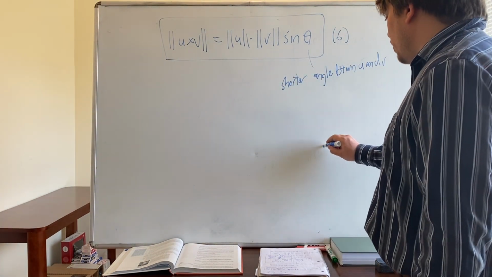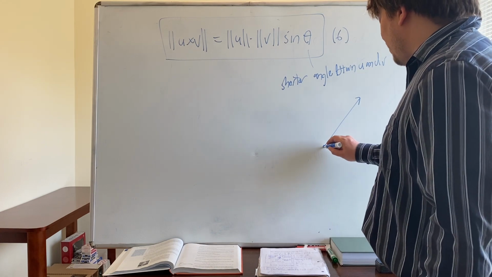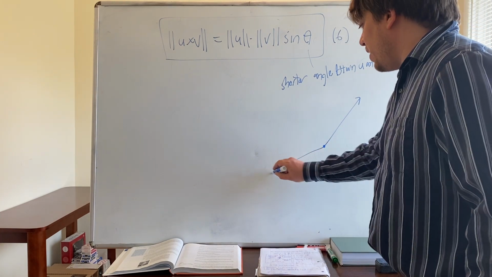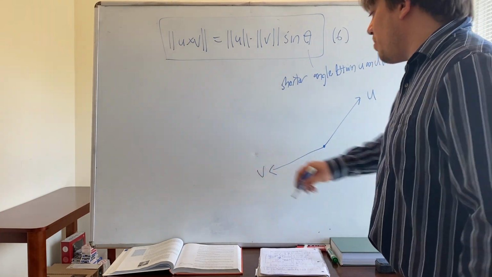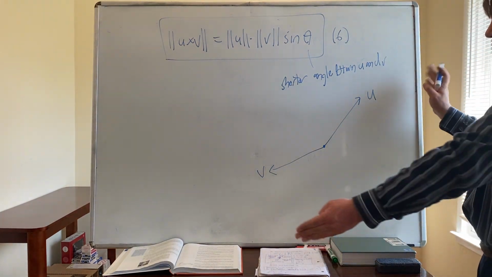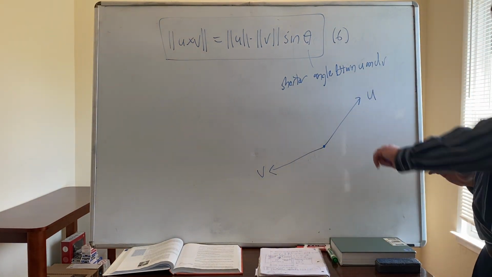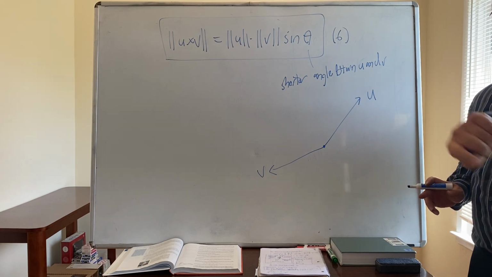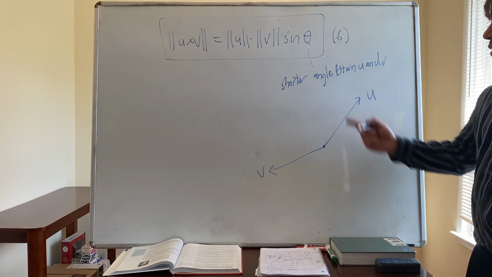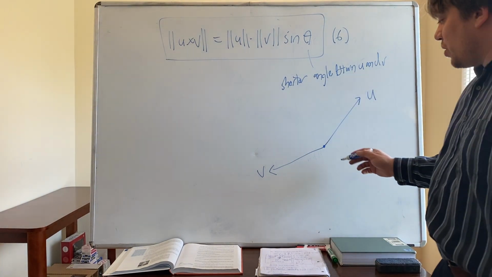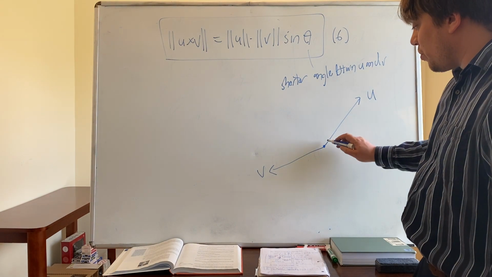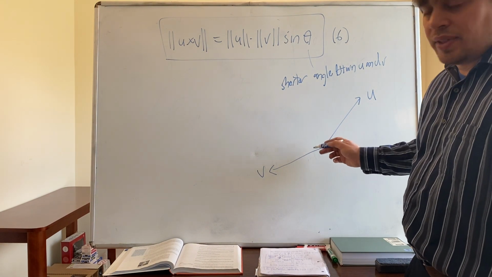So if here's u and here's v, it doesn't matter which is u and which is v. I could even switch them. You don't have to worry about the orientation or the order. The shorter angle between u and v is just that you have two angles to choose from, either a larger angle or a smaller one.